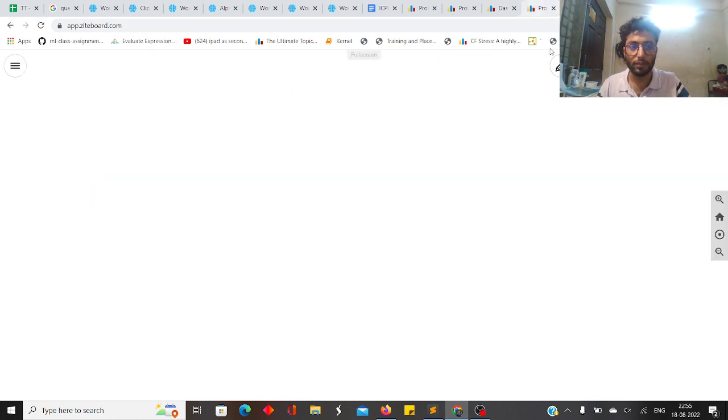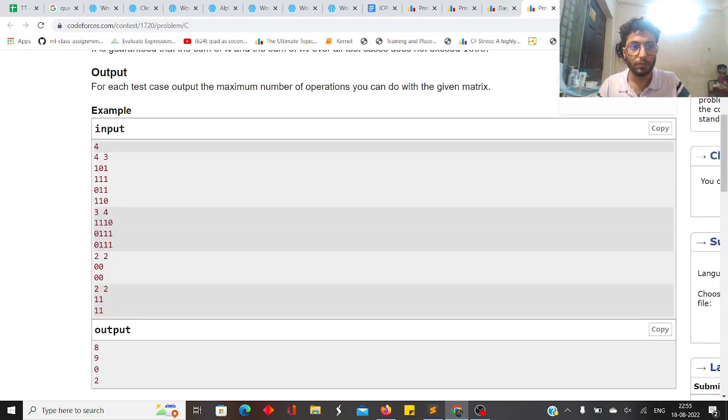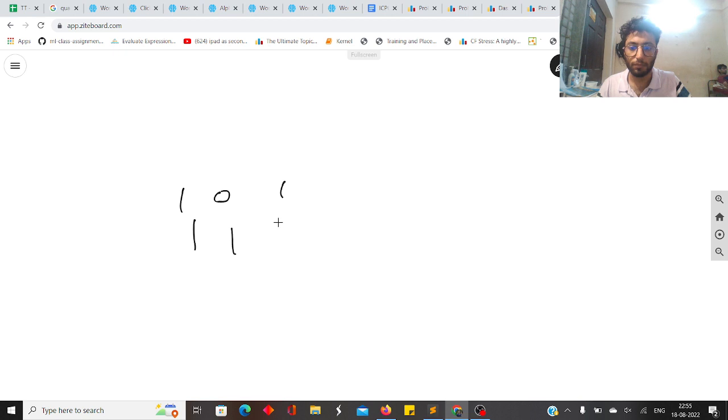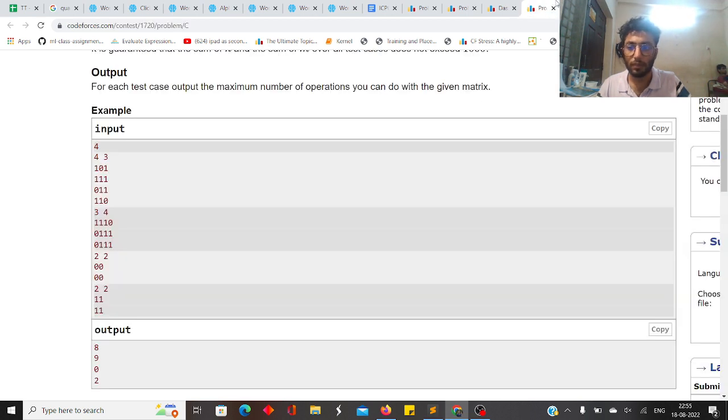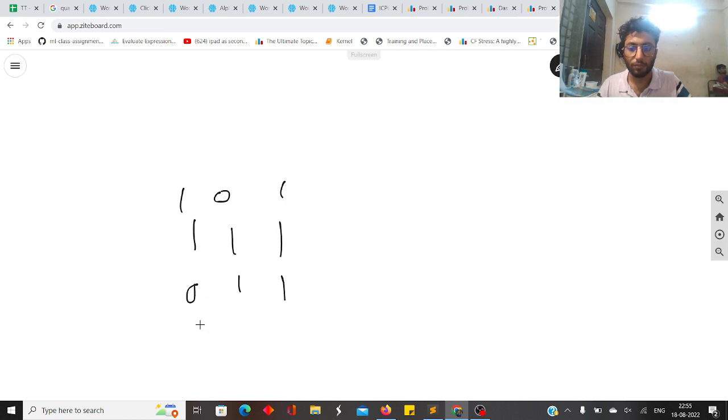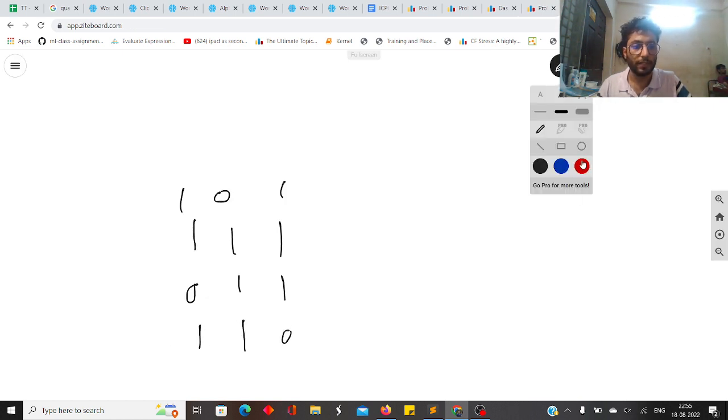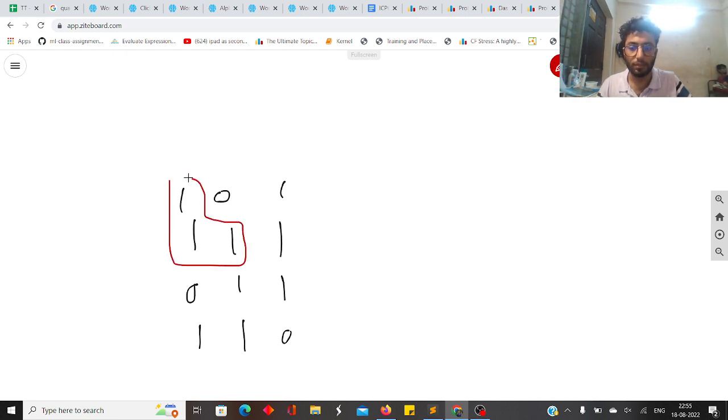So let me try out this test case. 101, then 111, 011, 111, 011, and 110, 110. So what the problem says is you select any L-shaped element. An L-shaped element looks like this, and it can also be rotated.